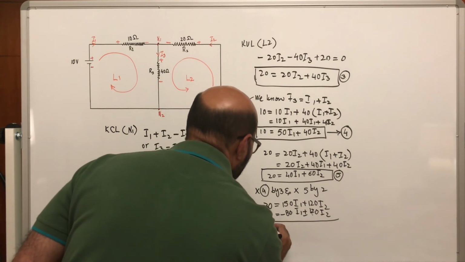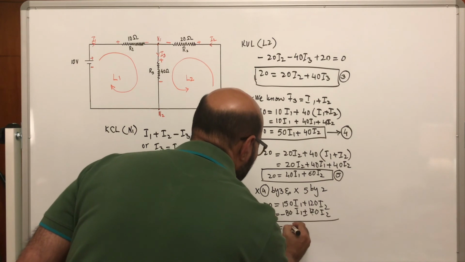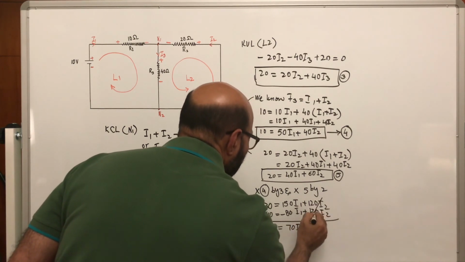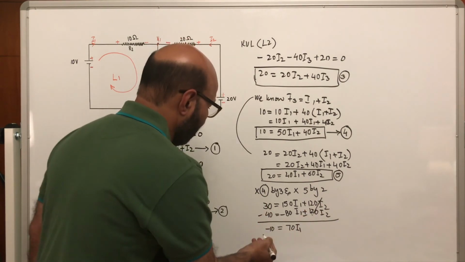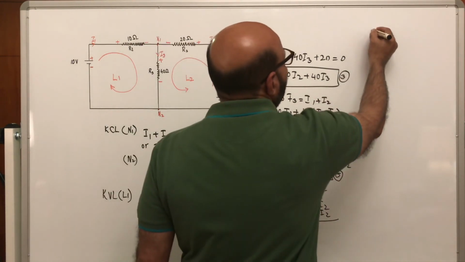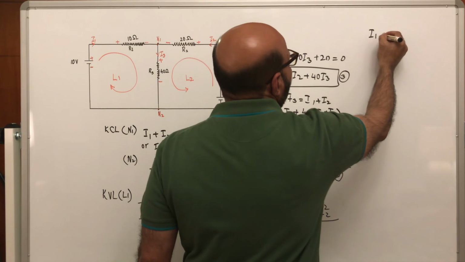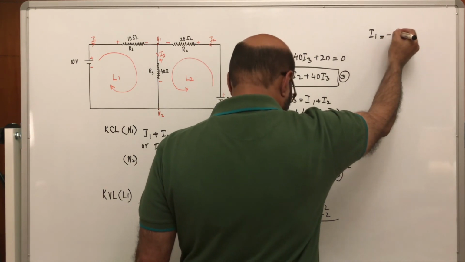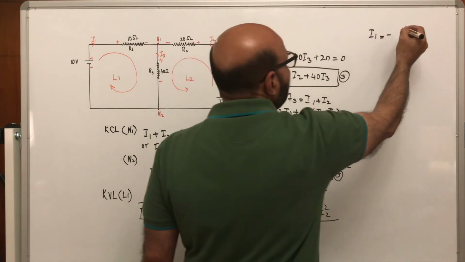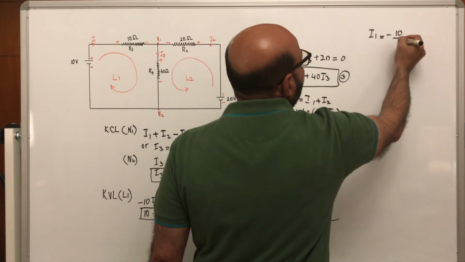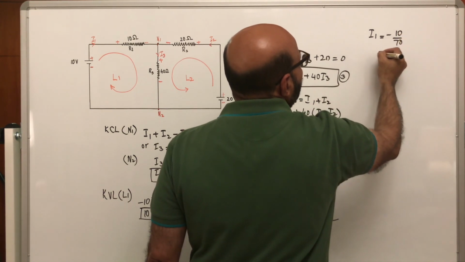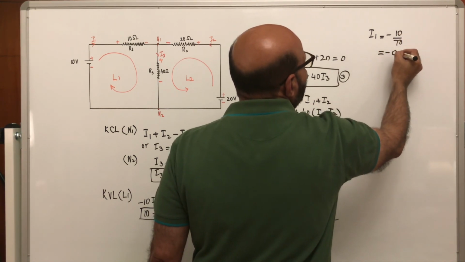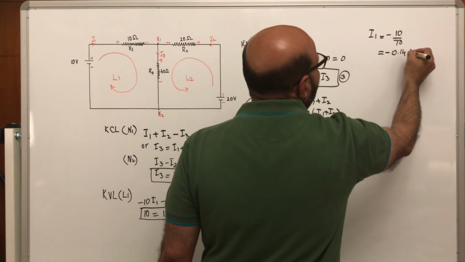So we have minus 10 is equal to 70I1, and this cancels. So now I1 is equal to minus 10 upon 70, which is equal to minus 0.14 ampere.